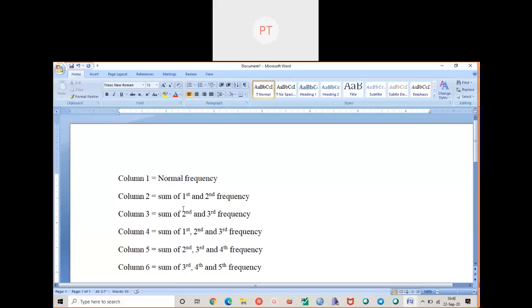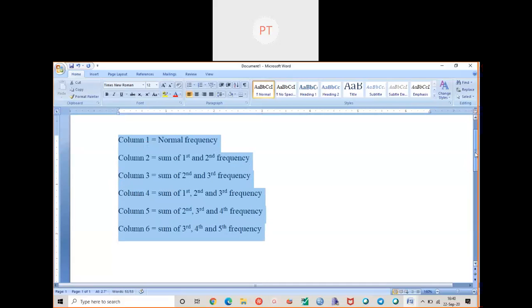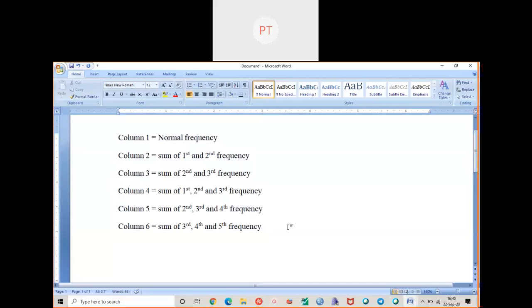So you should know this when preparing this grouping table. Keep this in mind. It is already mentioned in the book. If you want to write in a copy, you can write this way, the way you feel comfortable. So let us prepare this grouping table.